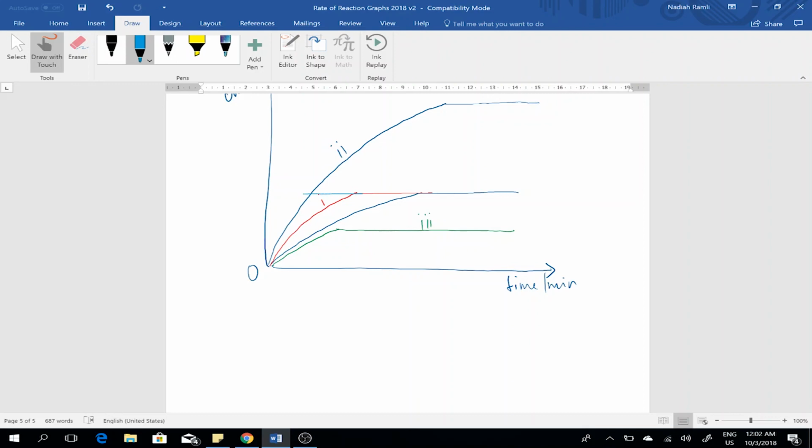So maybe I can make it really fast. So you must make sure when it's faster, okay, so in conclusion, when the reaction is faster, it must end earlier. If limiting reactant changes, the product changes.